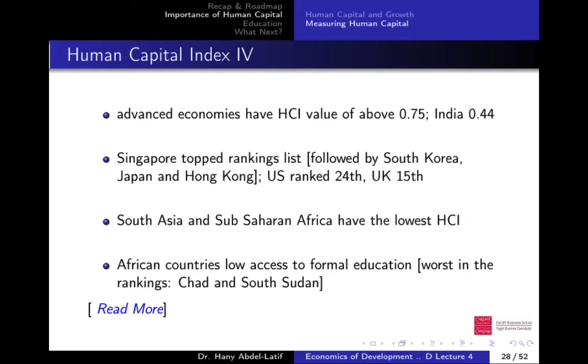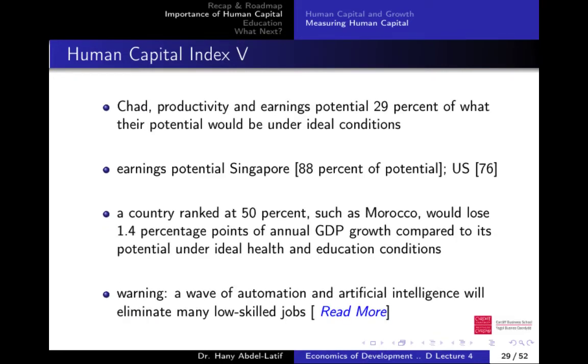They did something very interesting as well. They use this human capital index to tell you what that means for productivity. For example, in Chad, which is one of the worst ranking on the whole list, productivity and earnings potential is 29% of what it could be with better conditions in terms of health and education.